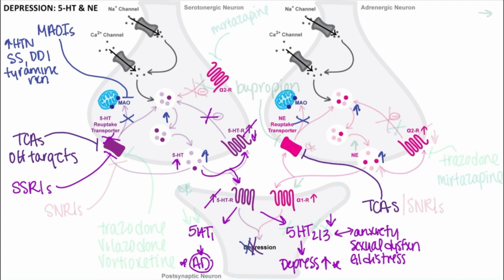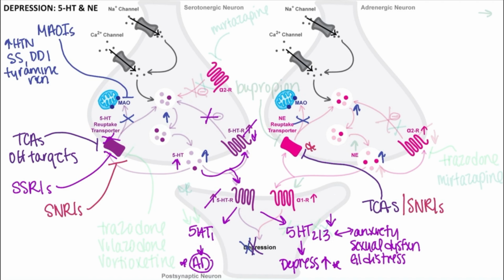Now, keep this general reuptake inhibitor mechanism of action in mind because it applies to the TCAs as well as any other agent with this transport inhibition. Now on to the SNRIs, or the serotonin norepinephrine reuptake inhibitors, like venlafaxine that we talked about in the diabetic peripheral neuropathy video as well. And their mechanism of action remains the same and similar to the SSRIs above, but now also adding in this norepinephrine reuptake inhibition.